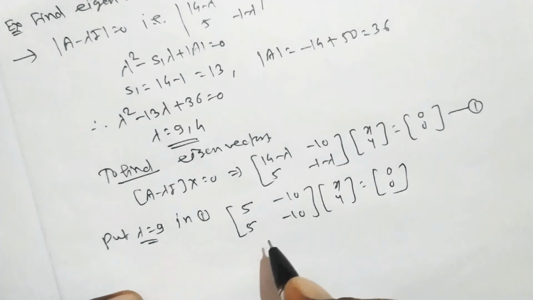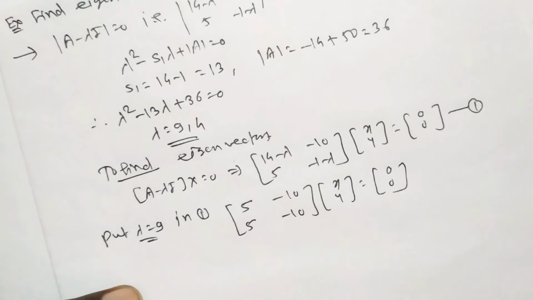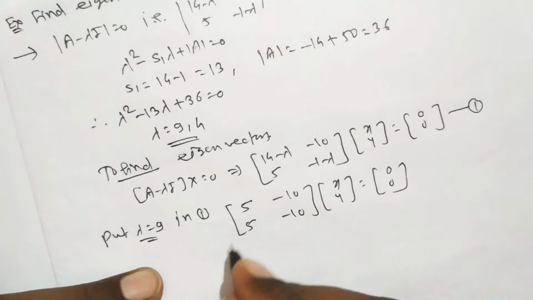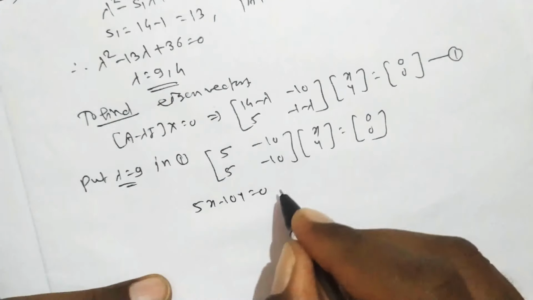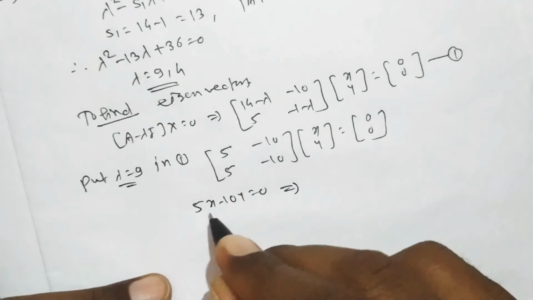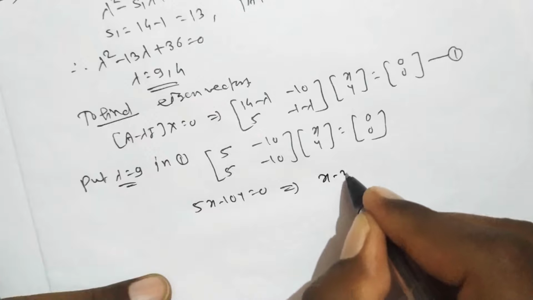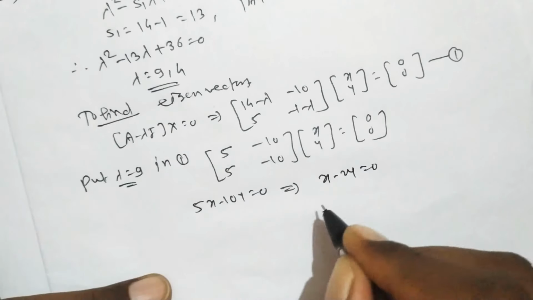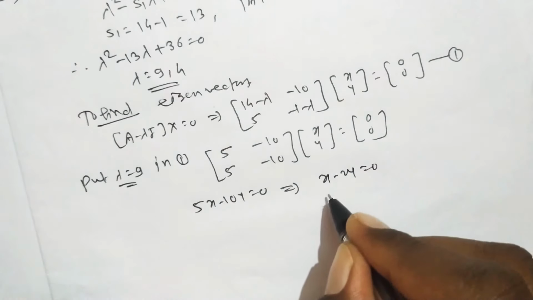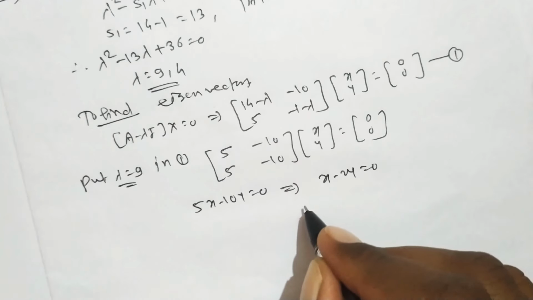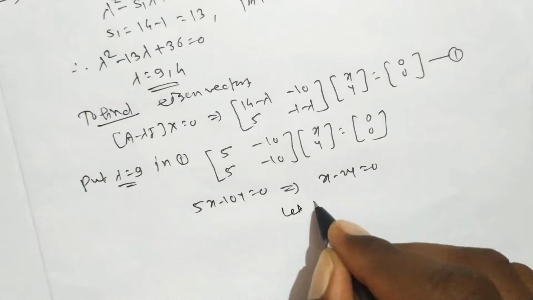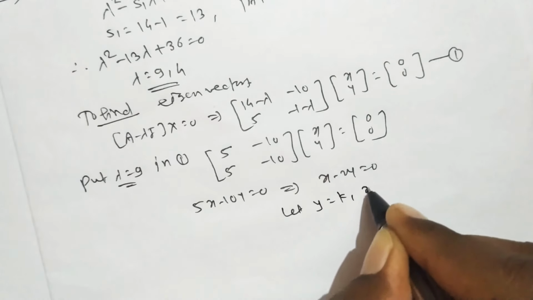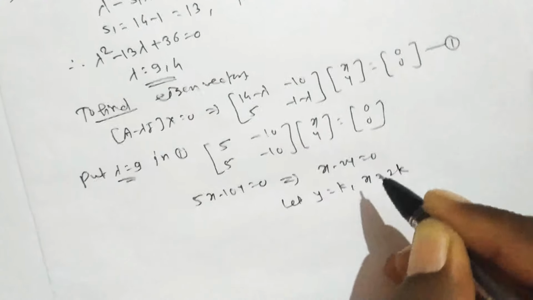Okay, so here it is a 2 by 2 matrix, so take any one row. From the first row we can write 5x minus 10y equal to 0. Okay, and how do we find x and y? This equation can be written, if we divide by 5, as x minus 2y equal to 0. We can solve this problem using Cramer's rule also, or without Cramer's rule we can take one equation, two unknowns: suppose y is equal to k, then we get x is equal to 2k.